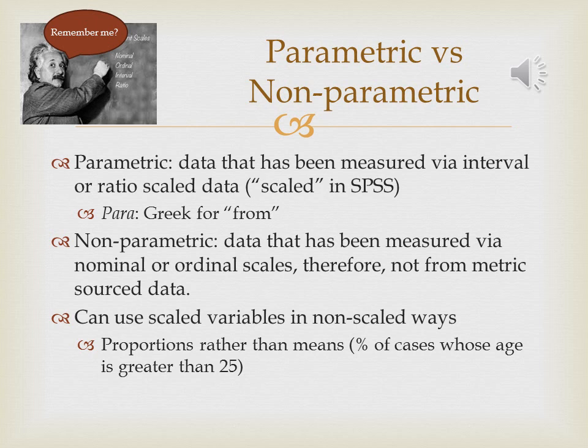But perhaps I want to look at a proportion of those cases whose age is greater than 25 versus those whose age is less than or equal to 25. Now I've taken scale data, it could have even been measured in a scale way, and I'm changing the way that we're looking at the data to turn it into a proportion. Once I do that, then I stop using parametric measures for testing. I will use non-parametric measures for testing.